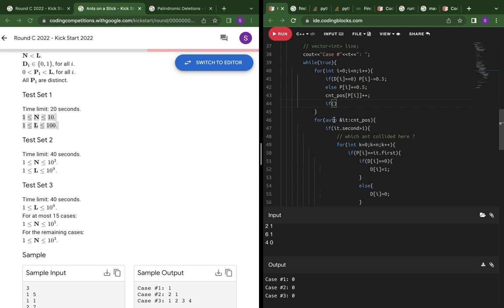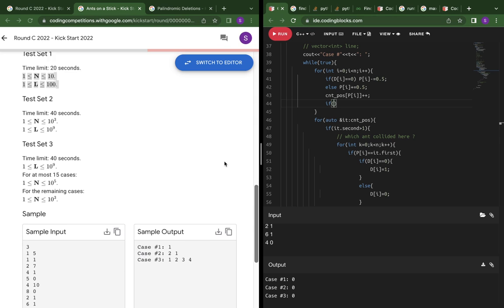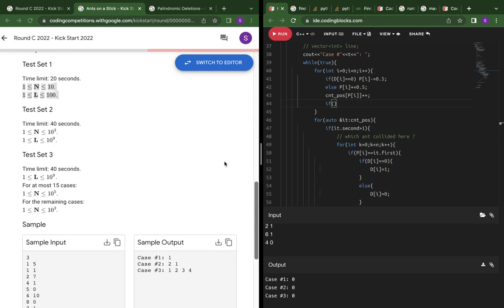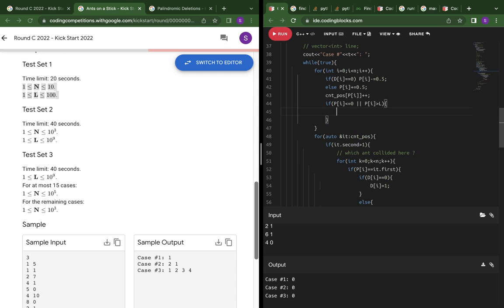Now if some guy goes outside the boundary of our L, that is if p of I is less than equal to 0, and or p of I is greater than equal to N, right?